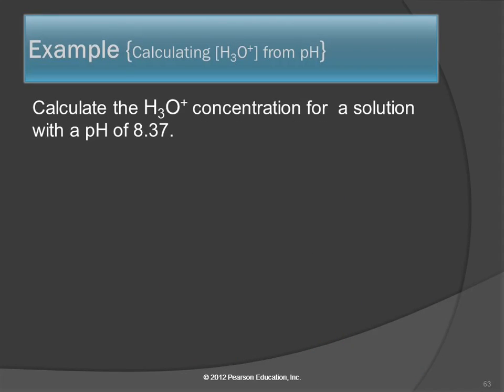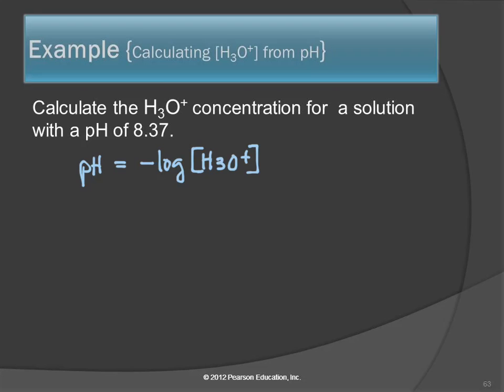So hopefully I didn't confuse everyone. So how would we calculate the hydronium ion concentration if we're given the pH? So we know that pH equals the negative log of the hydronium ion concentration. So it's going to be like -9.